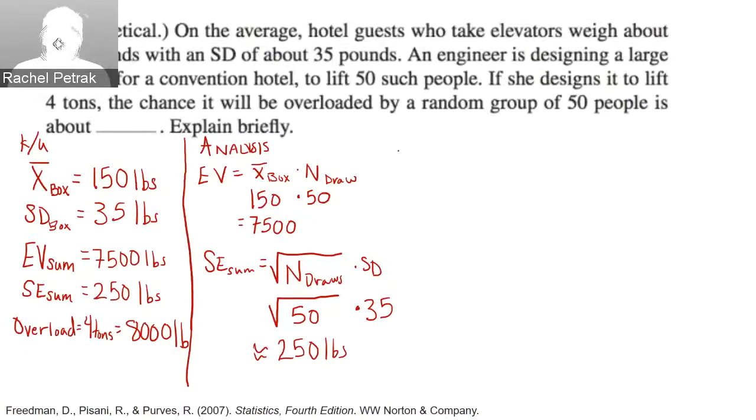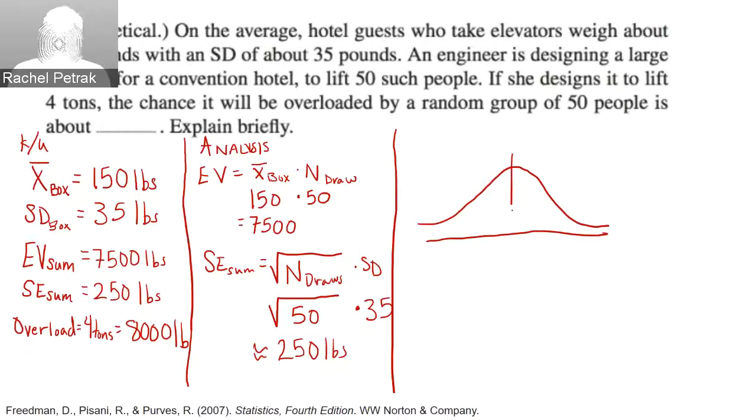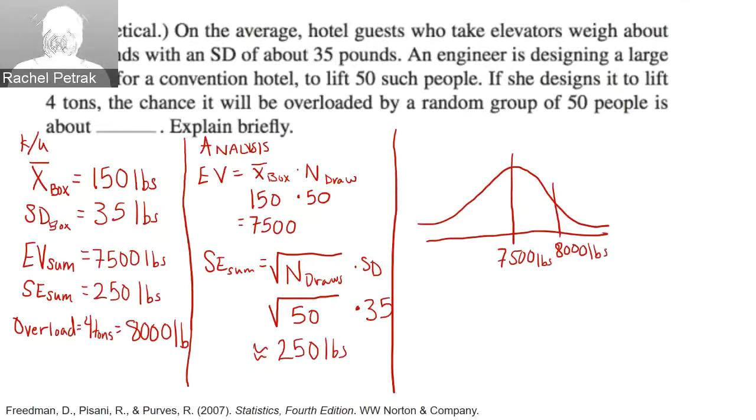Thus, to apply the normal curve here, we know that we have 7,500 as an expected value. 8,000 pounds is the observation we're interested in, and we can get the standard units for this.